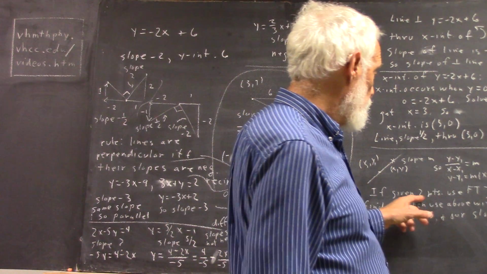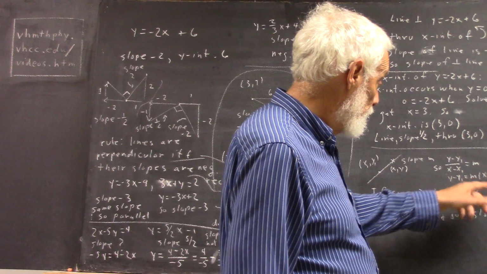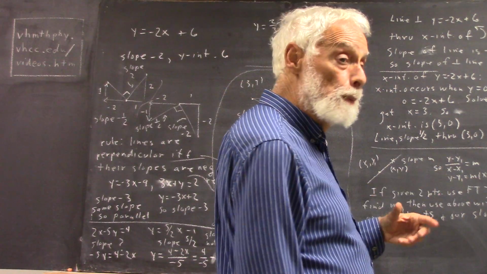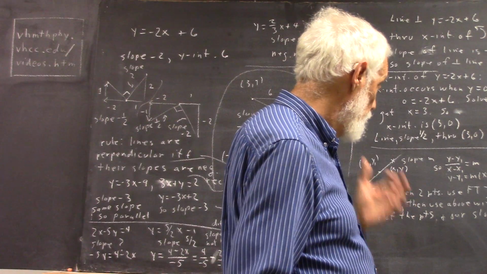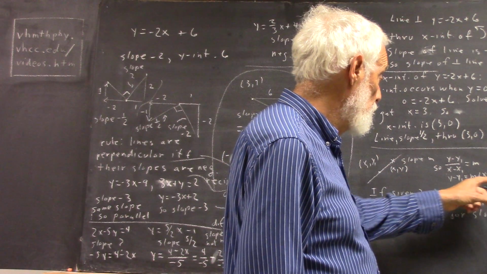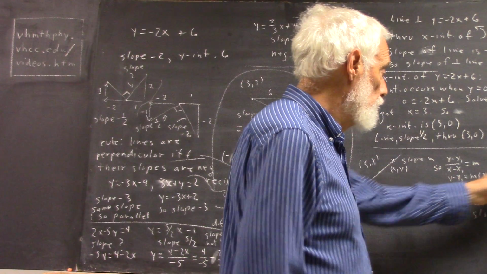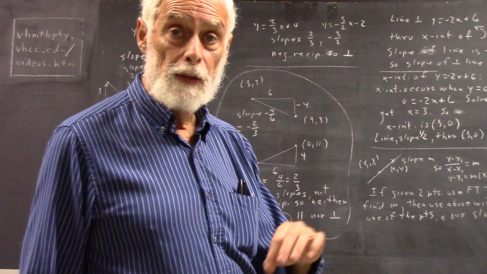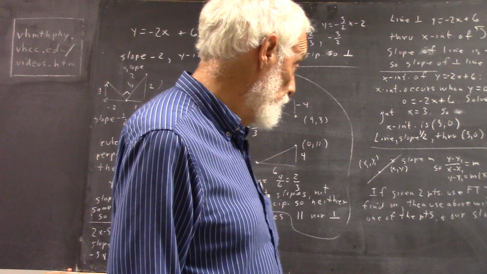So we use the fundamental triangle, we find the slope, that'll be m. And if we're given 2 points, it doesn't matter which one we pick. We pick one of the points, we can call it (x1, y1), and we put the x-coordinate and the y-coordinate in here. And once more, we have an equation. We solve it for y, we have it in slope-intercept form.